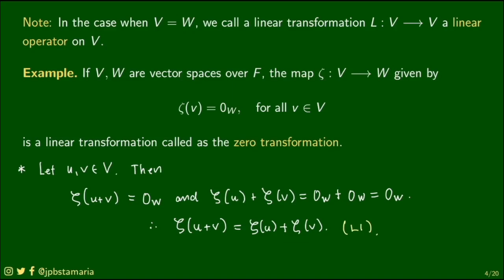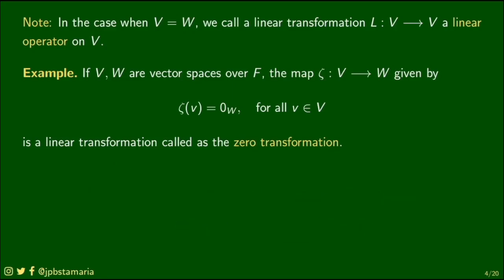To finish the proof, we need to prove that equation L2 also holds. This time, we take a vector u from V, and we take a scalar alpha from F. We now look at the image of alpha times u under zeta, but this is just going to be 0_W.